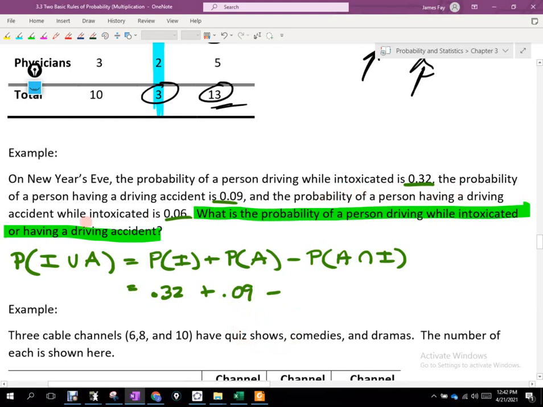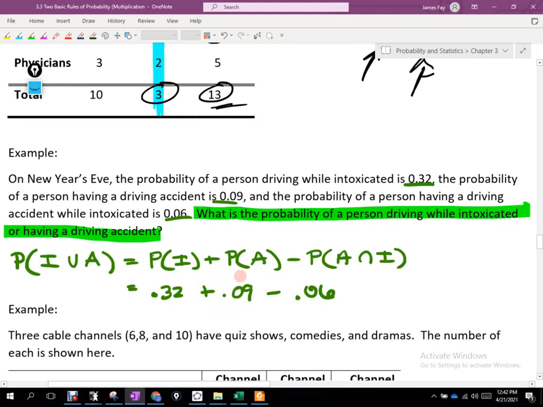The probability of a person having a driving accident while intoxicated is 6%. So 32% drove intoxicated, but of those 32%, 6% got in accidents. These 9% got in an accident, and of those 9%, 6% were intoxicated.